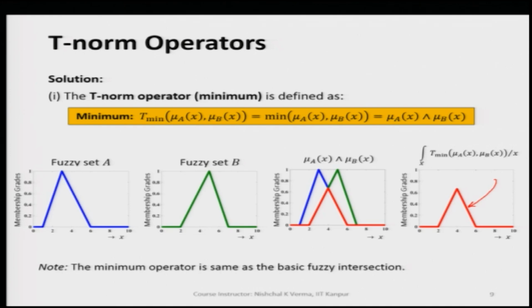When we use T norm minimum, it means we are getting the intersection of the two fuzzy sets.